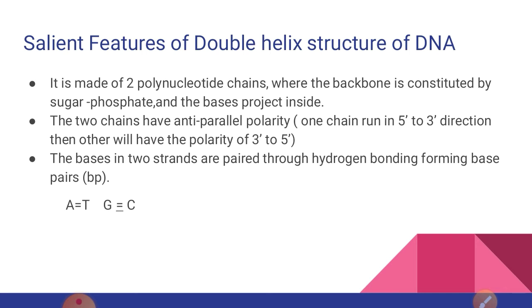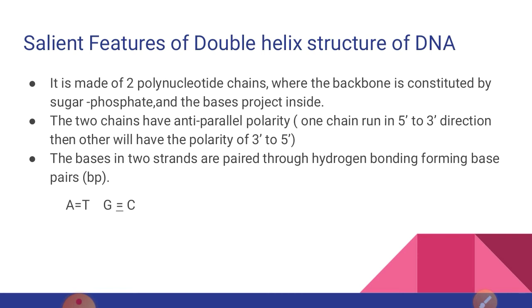Now the two chains have anti-parallel polarity, that is, one runs in 5' to 3' direction, so the next will have a polarity of 3' to 5' direction. I have also discussed the nature of polarities in my previous video.